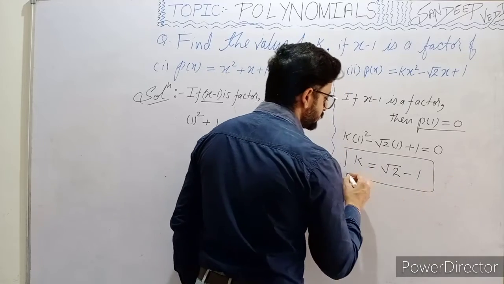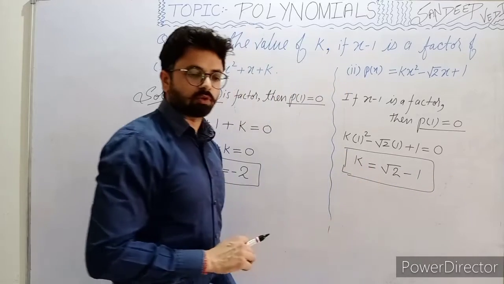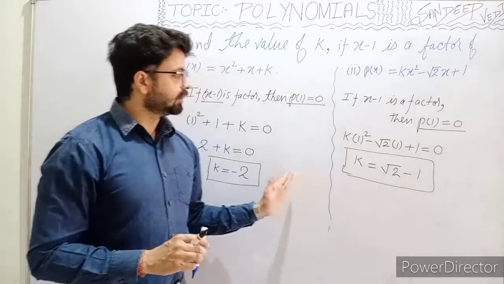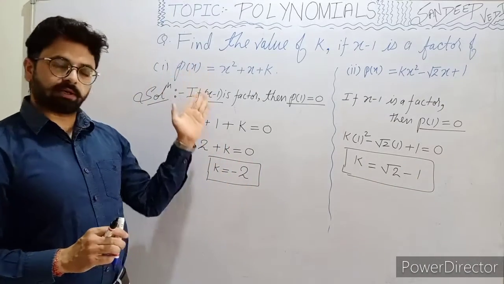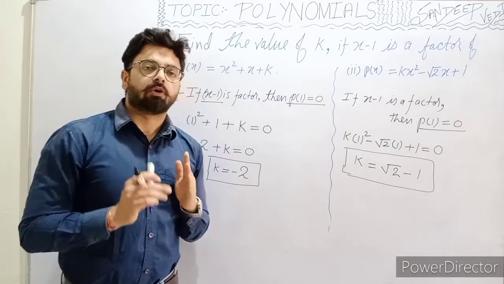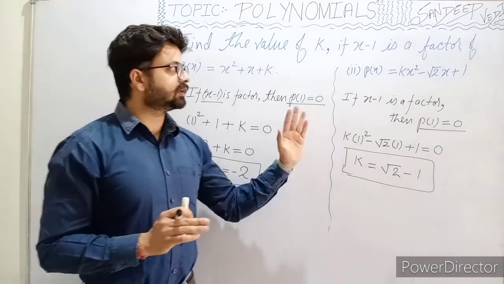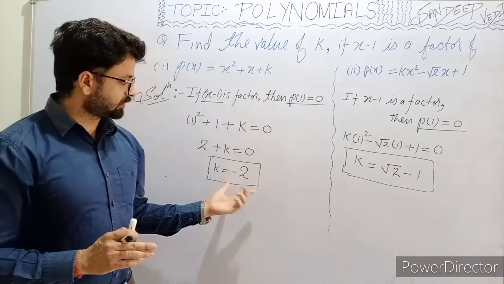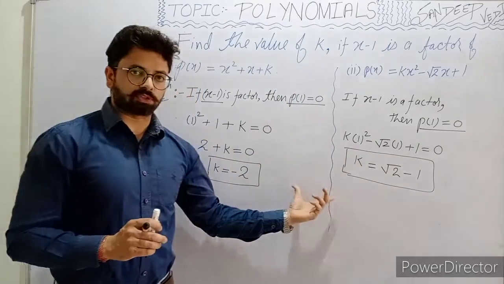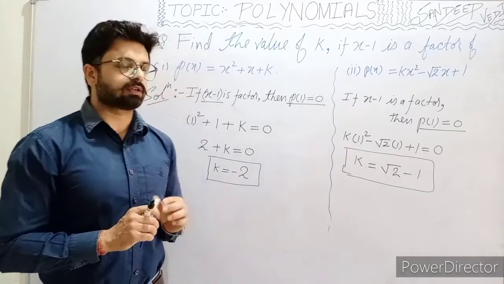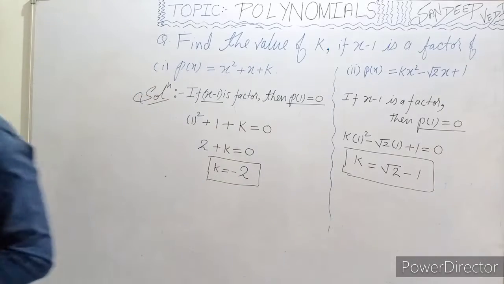The k value is root 2 minus 1. So you see both the questions. By the help of the zeros of the polynomial, we can calculate the value of any unknown. Here the unknown is k. So guys, you can solve your exercise questions. Use this method and easily you will get the solution.